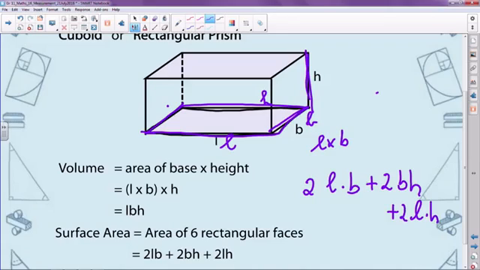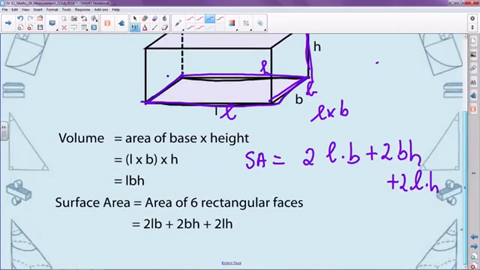So it means that we have the total surface area equals twice the area of the bottom rectangle plus twice the area of the sides, okay? And then also the other side, which is going to be your L and your H.